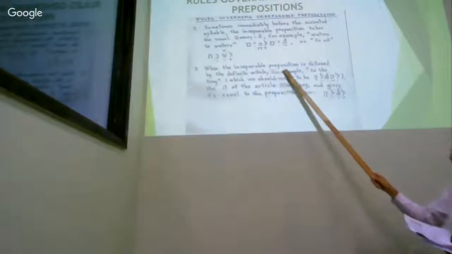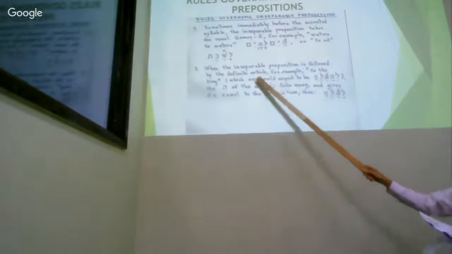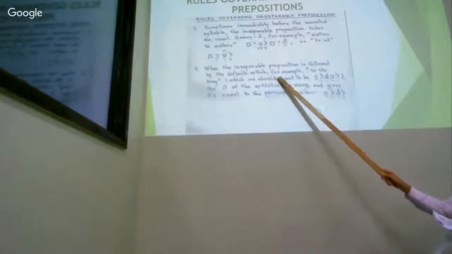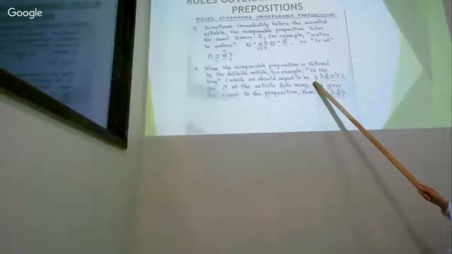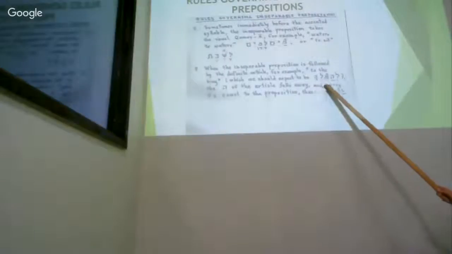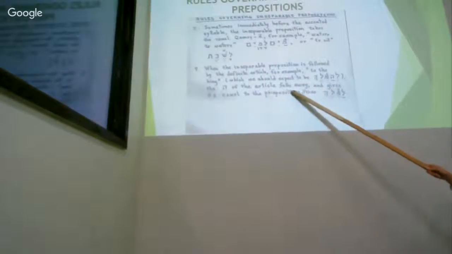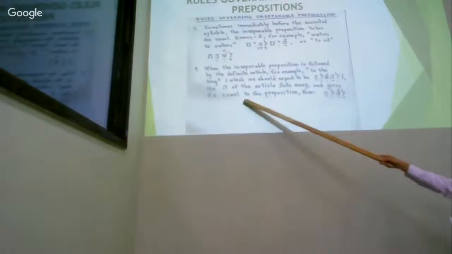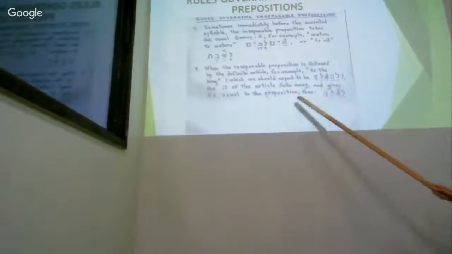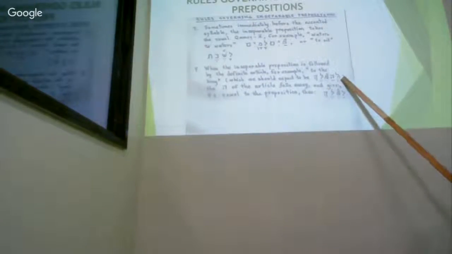When the inseparable preposition is followed by the definite article, for example, to the king, which we should expect to be le-ha-melech, the he of the article falls away and gives its vowel, which is patach, to the preposition, that is, to the lamed.